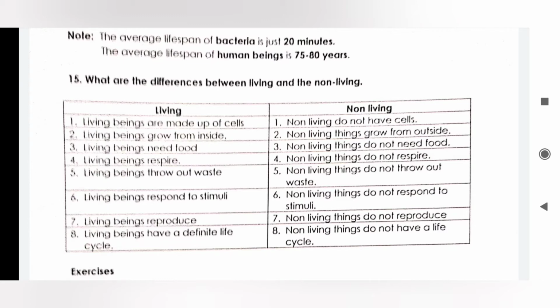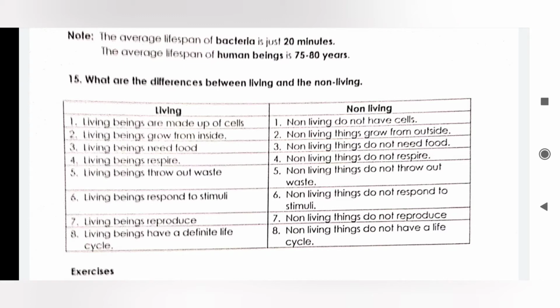Sixth point, living beings respond to stimuli. In the previous class, we have clearly understood the term stimulus and response. For that, I have given one example also, the touch me not plant, Mimosa pudica. The moment you touch the plant, it droops its leaves down.